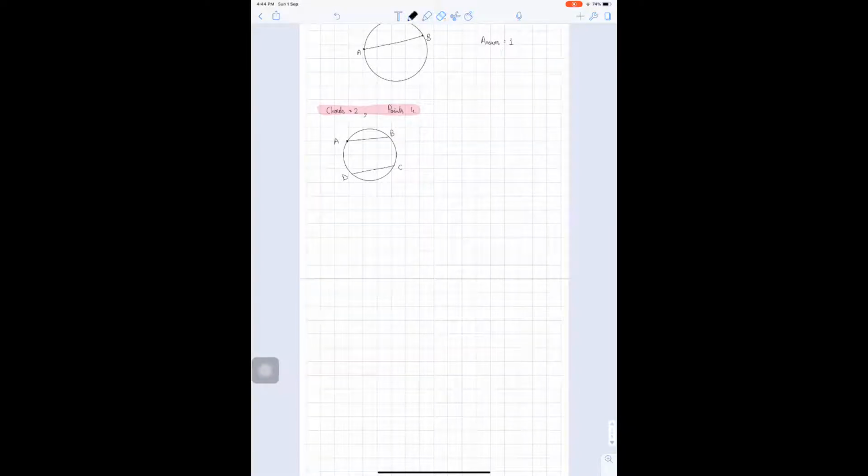Now let's see if we draw a chord from A to D. That's pretty much possible. So the remaining are 2 points only, and we know for 2 points only one solution is possible. So in total our answer becomes 2.